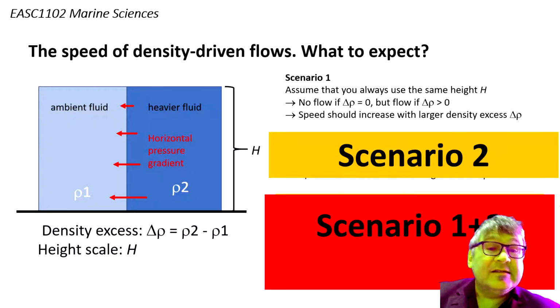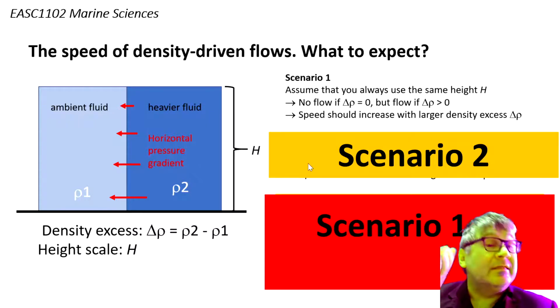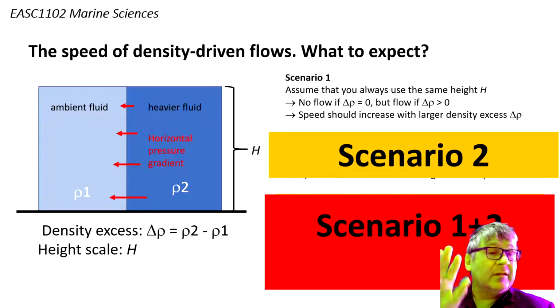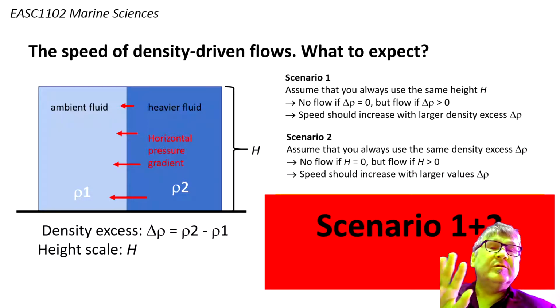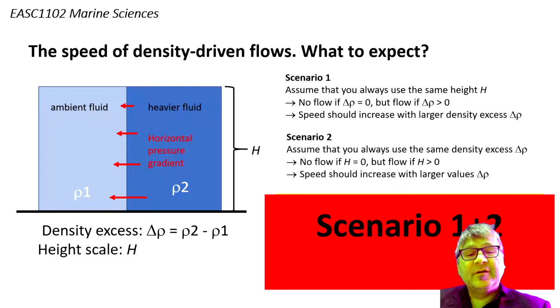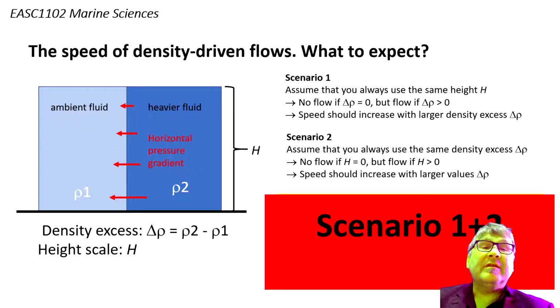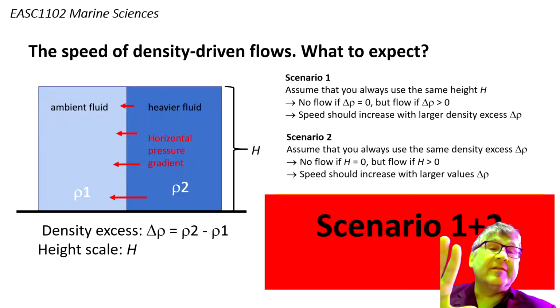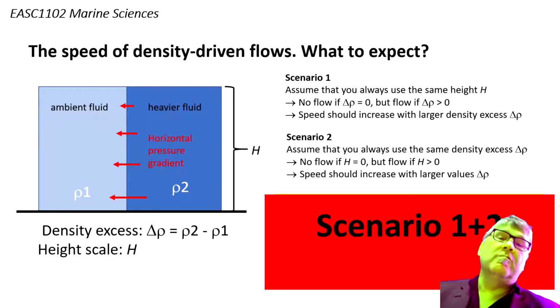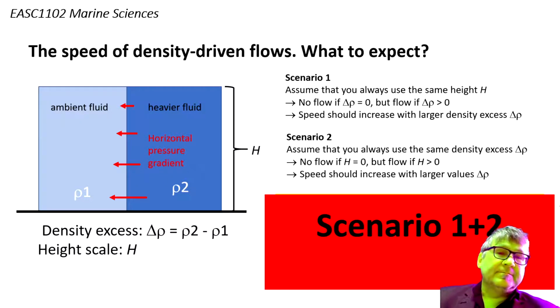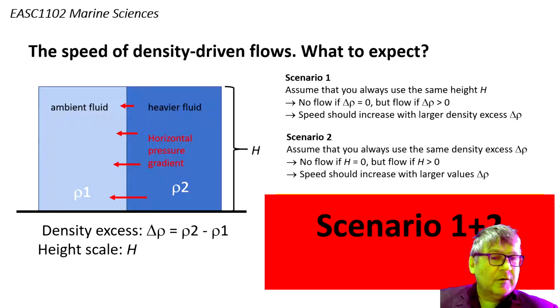Okay, so this is one scenario. All right, let's look at the second possibility. The second possibility is you always use the same density excess, the same density difference. The only thing you change is the height. You start with 0, you get no flow because you have no fluid. You increase the height, you get flow. You get density-driven flows.